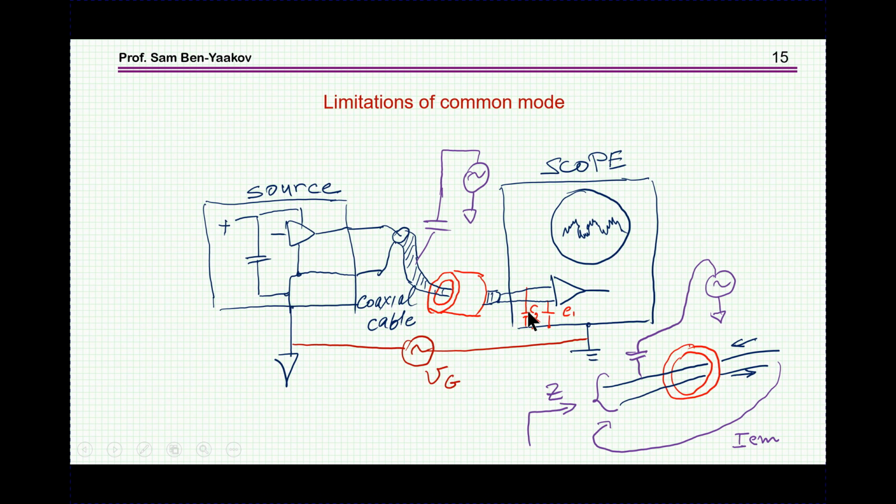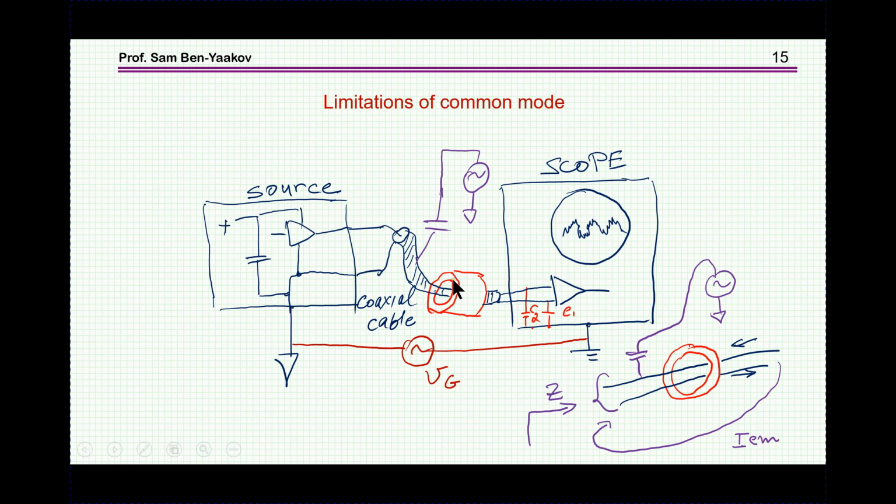Now, this is not without any problems. For example, if I have a coaxial cable, like a scope probe, then I have interference in the area coming from this source or other sources, and there will always be a capacitive coupling to this large area of the coaxial shield, and therefore there will be coupling here to one wire, and as you can see, this now becomes a differential current.